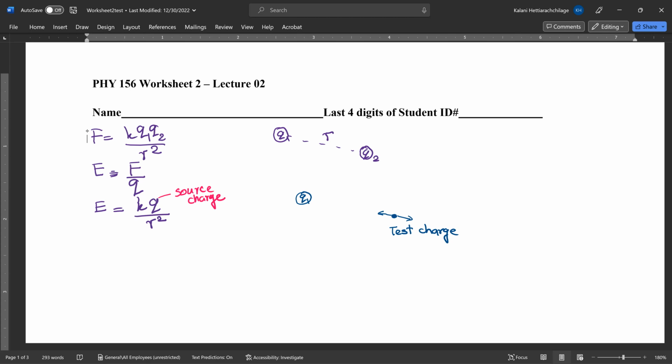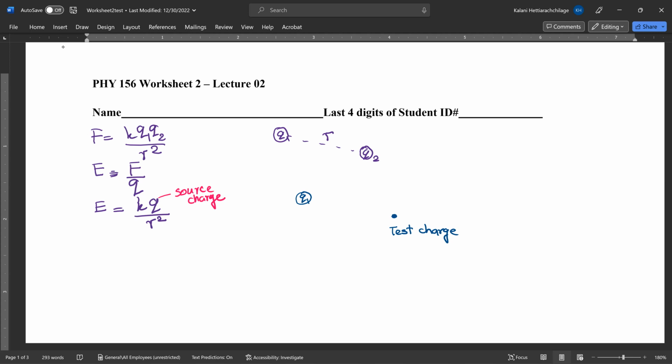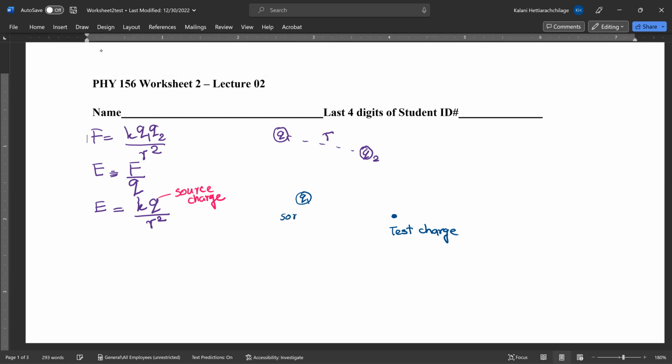That feeling, we call it the electric field, right? That's the feeling that the particle is going to feel. But how does that feeling come about? It comes from the source charge. It depends on the source charge and is independent of the test charge.